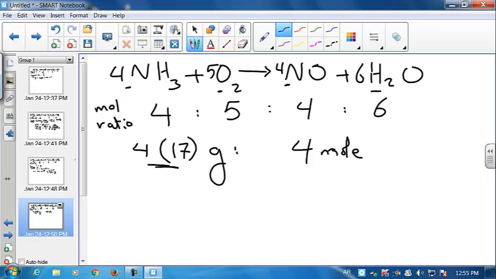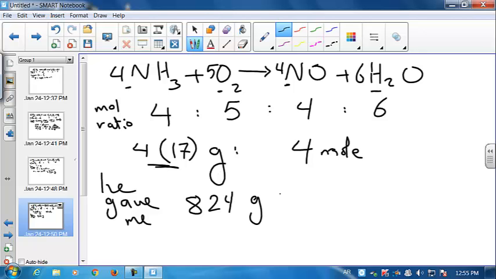This mass of ammonia, 4 moles, gives 4 moles of NO. If I don't have this, he gave me how much? 84 gram. This gives how many moles?